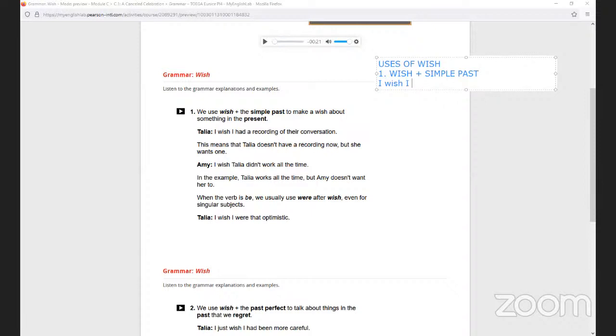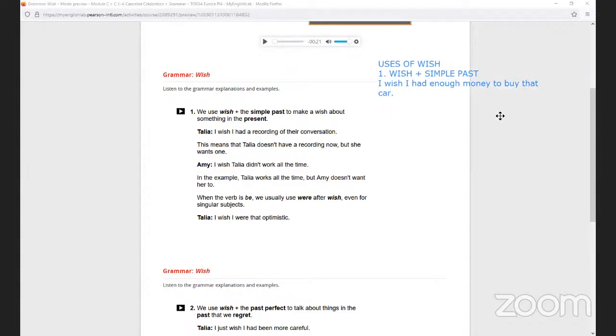I wish I had money to buy that car, for example. Or I wish I had enough money to buy that car.